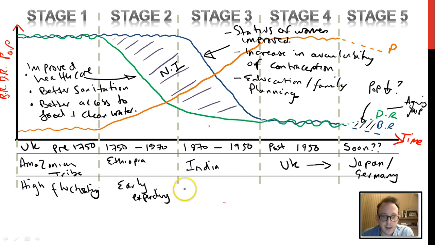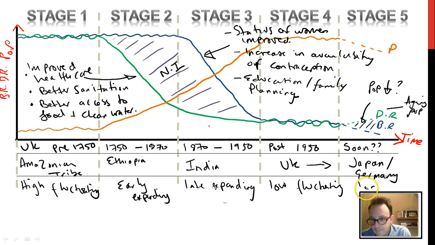Stage 3, late expanding. Stage 4, low fluctuating. And stage 5, decline. Okay. So there we've got our labelled version of the demographic transition model.